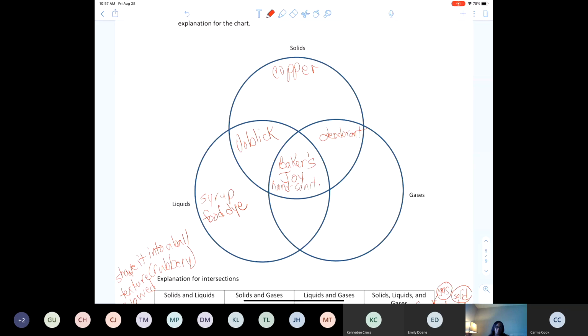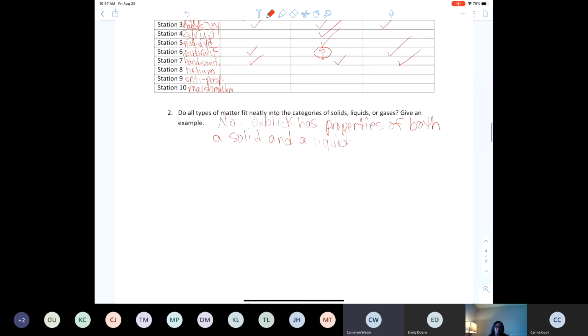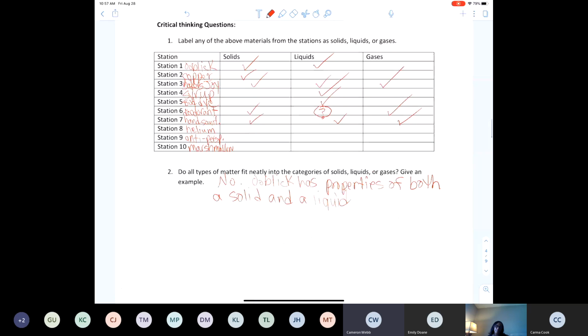Is evaporation an automatic characteristic of something that's gaseous? Well, liquids will become volatile at a certain temperature and pressure. So what we observed is that there are components in the hand sanitizer and in the Baker's Joy that are volatile, meaning that they are liquid under the initial conditions.